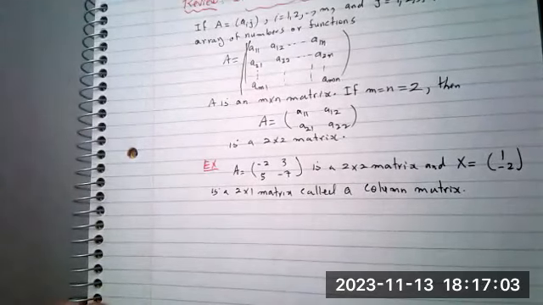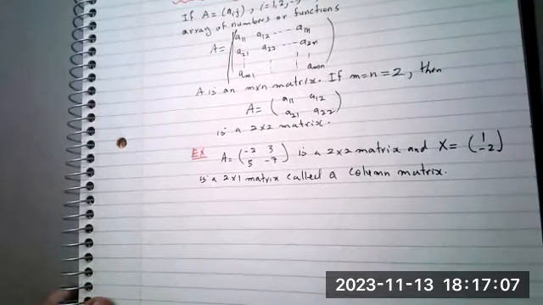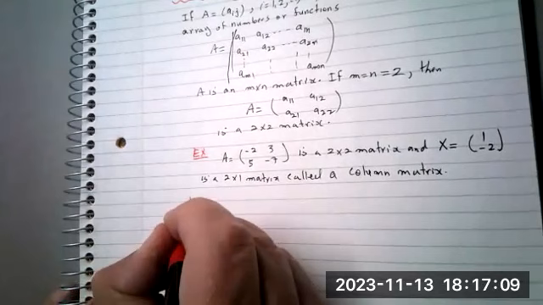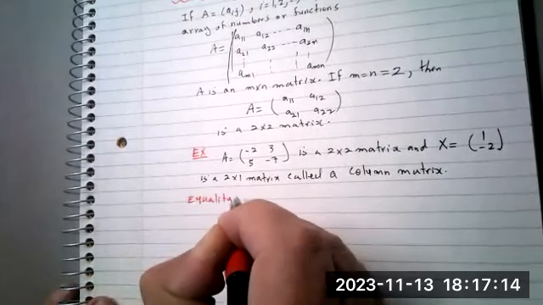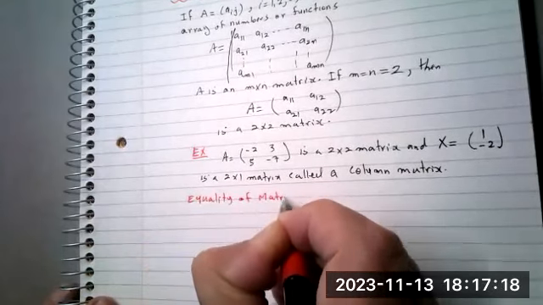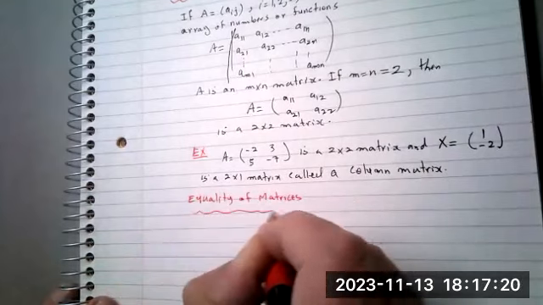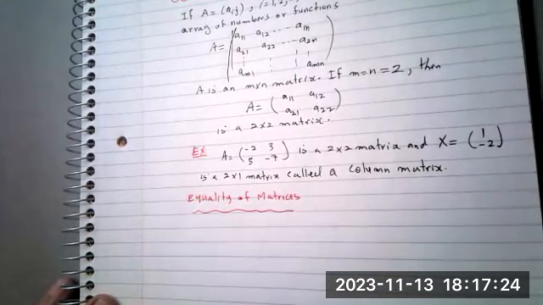Now, the operations that we need to know: how we define two matrices to be equal to each other. Equality of matrices. Two matrices are going to be the same if they have the same entries.